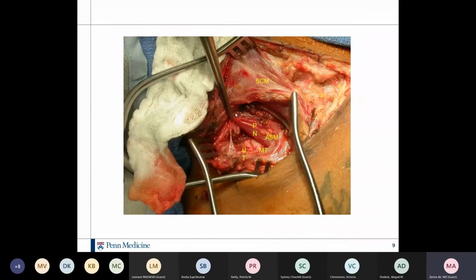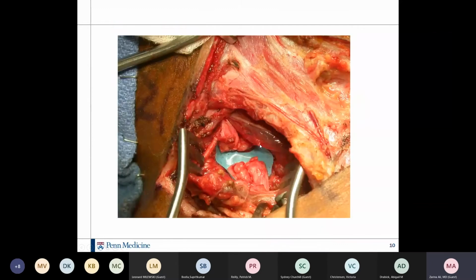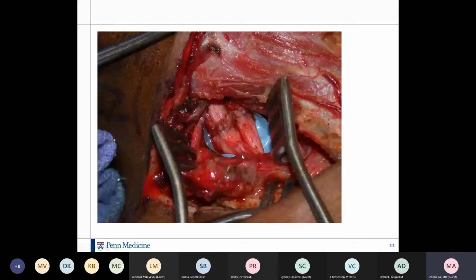So he was ultimately taken for surgery, where you can see this is the upper trunk, middle trunk. This is a supraclavicular brachial plexus dissection, and you can see that there is injury to the upper and middle trunk.